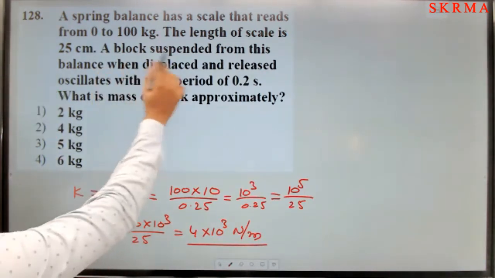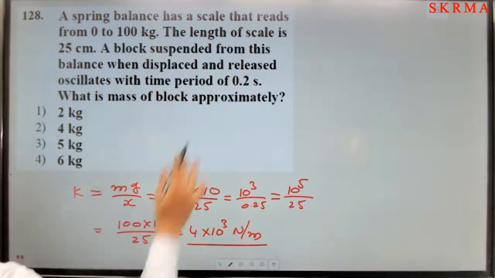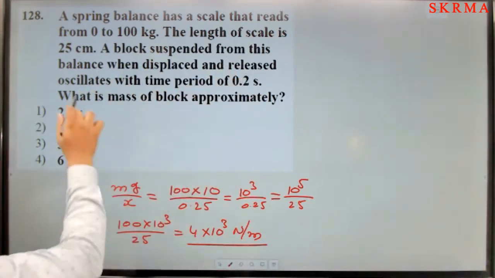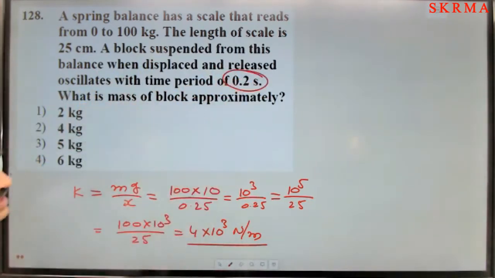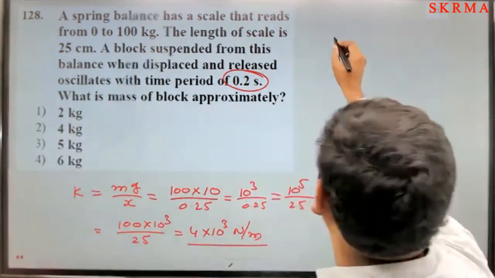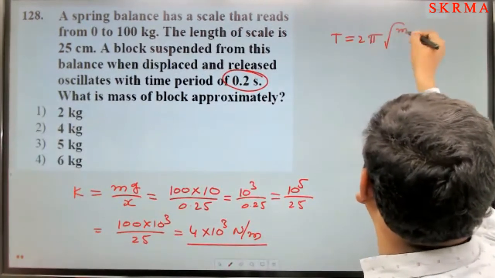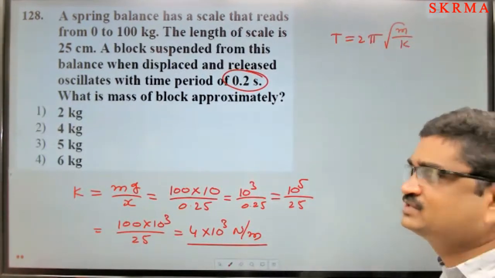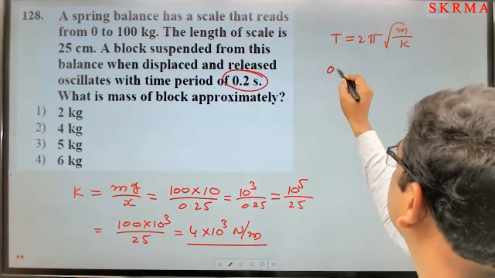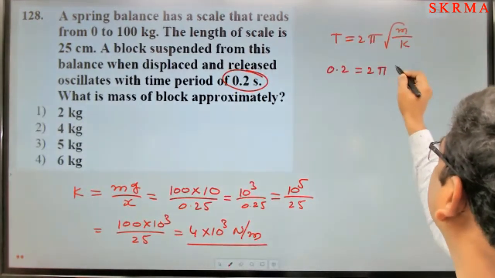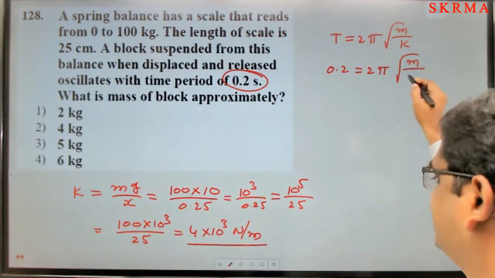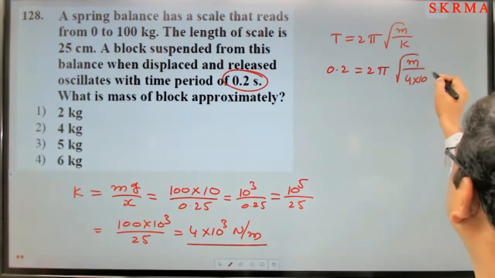Next, a block suspended from this balance, when it is displaced, oscillates with a time period of 0.2 seconds. Then what is the mass of the block? Now time period T equal to 2 pi root m by k. Now substitute the values and solve. Time period is given as 0.2 equal to 2 pi into square root of m by k value 4 into 10 power 3.